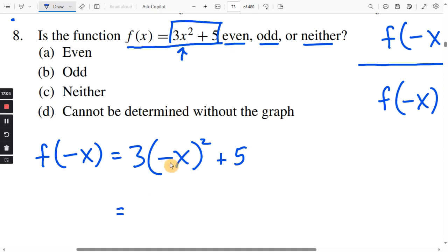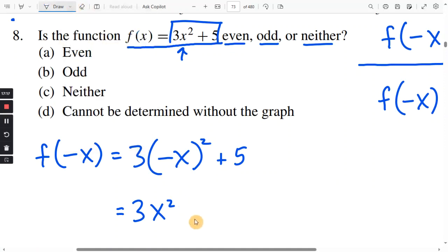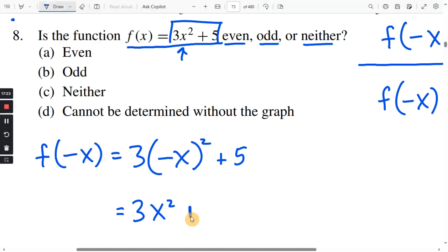Negative x times negative x is positive x squared. And I meant to say plus 5 right here.